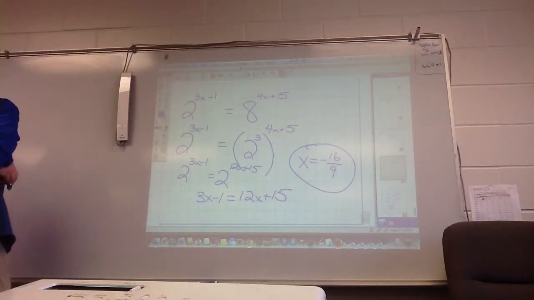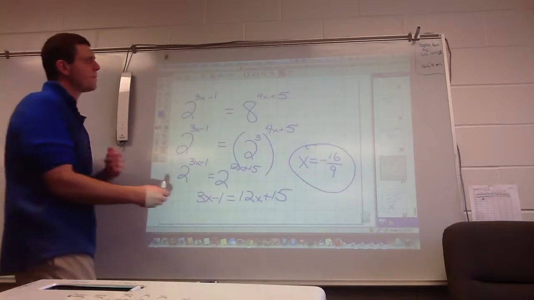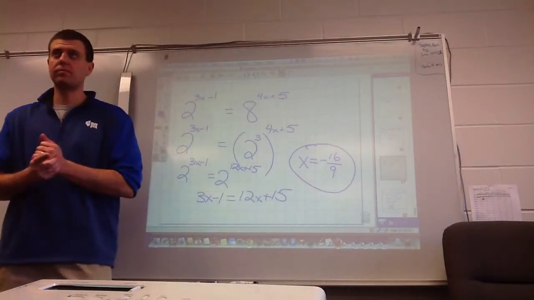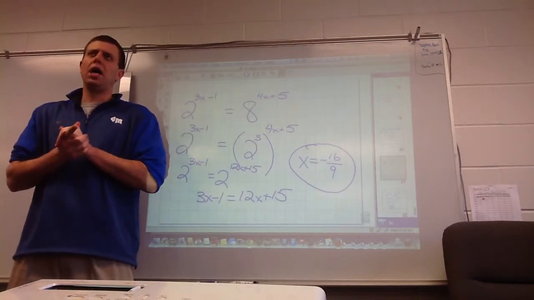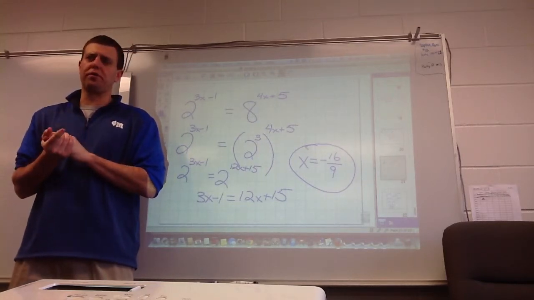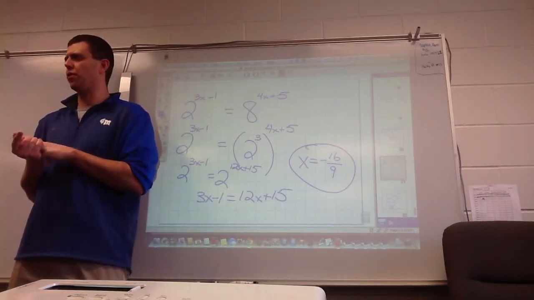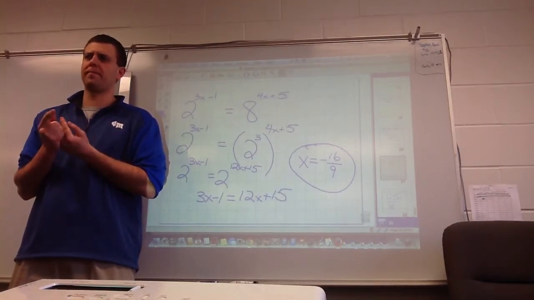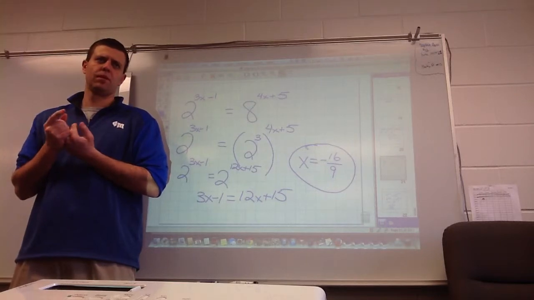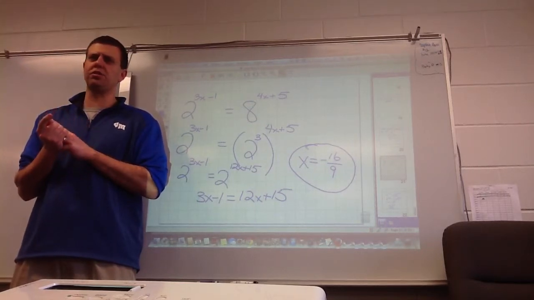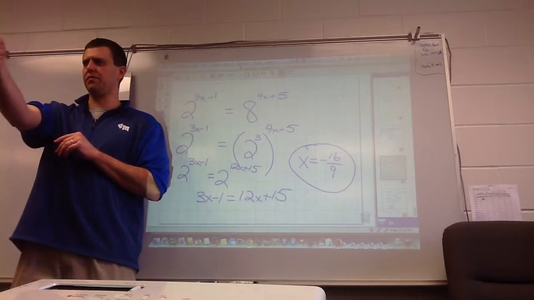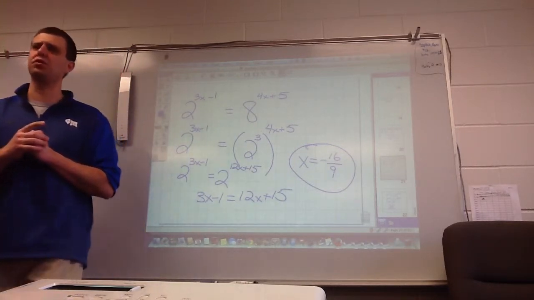One more. First of all, before I show you that one, the fraction 1/4 could be rewritten as 2 raised to what power? Negative 2. 2 to the negative 2 is 1/4.